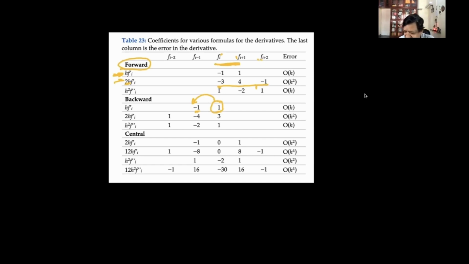I took 3 points, in fact, for derivation here, here, and here. But you see, you can always shift the i's. This is backward difference with 3 points. Central difference, first derivative is here: f_{i+1} and f_{i-1} divided by 2h. Correct?